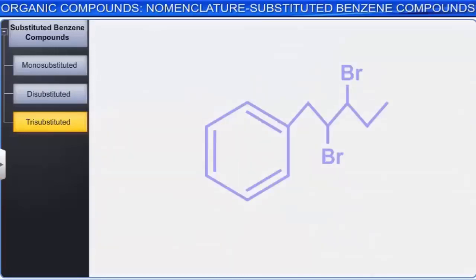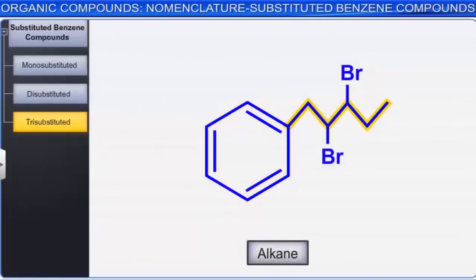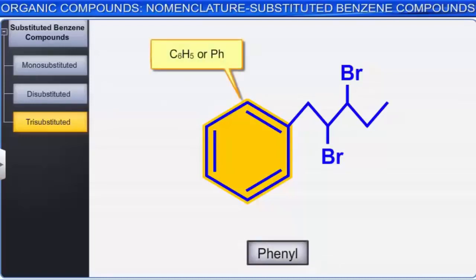In this compound, the benzene ring is attached to an alkane with a functional group. In such cases, the benzene ring is considered as a substituent. The name of the benzene ring, when it acts as the substituent, is phenyl. The phenyl group is written as C6H5 or abbreviated as Ph.